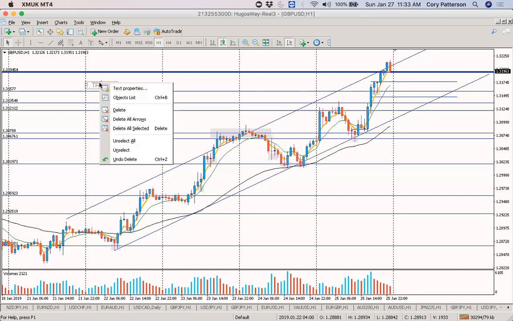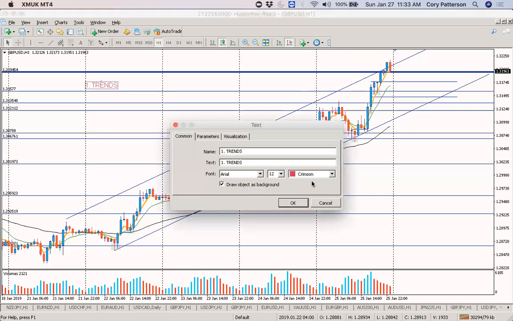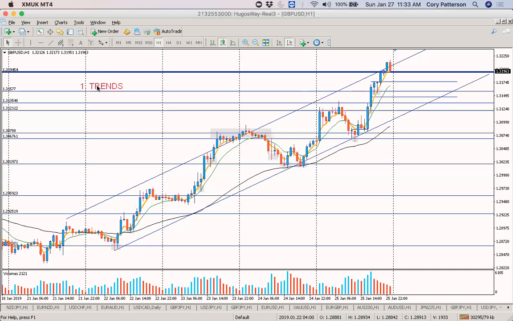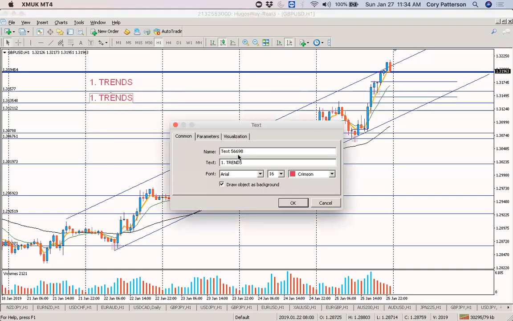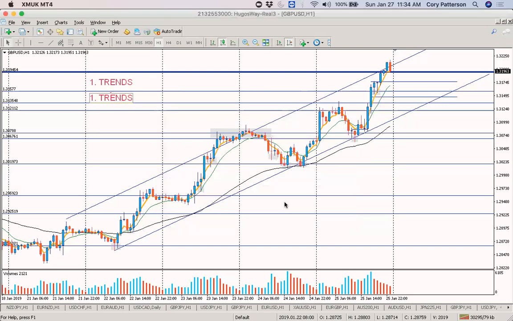That's the number one thing. And then the next thing is support and resistance. Support and resistance. Okay.